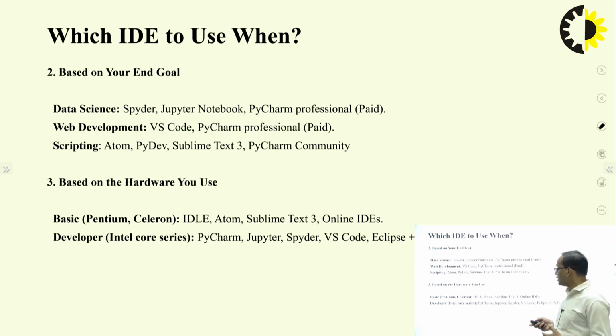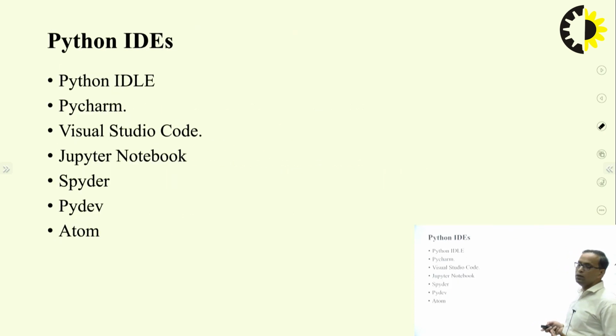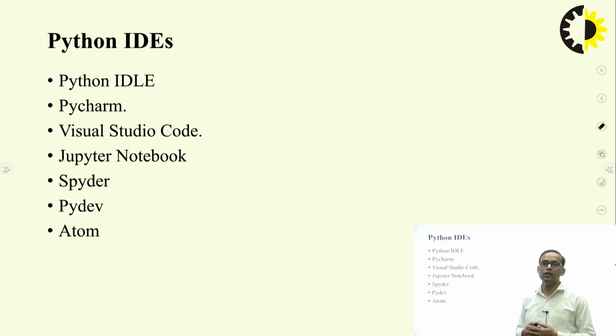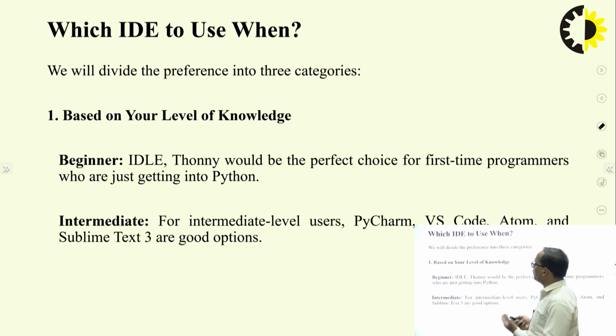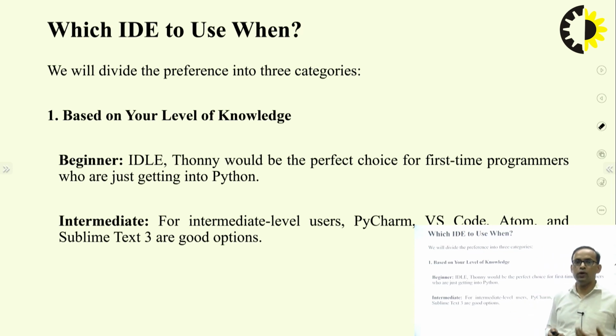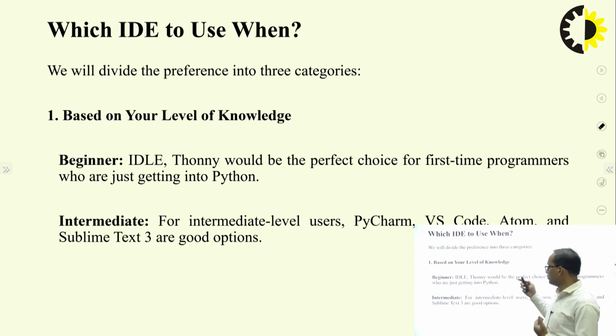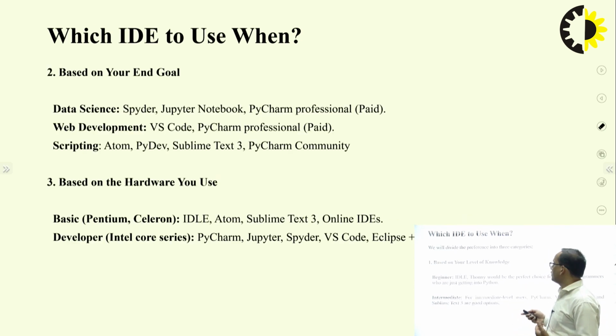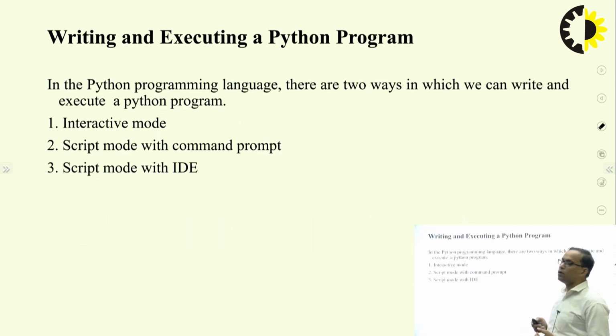So this was about the IDE. What do we mean by Python IDE? These are different types of IDEs used for Python related projects. Which IDE is used when, or which IDE is better, we can classify according to these three categories.